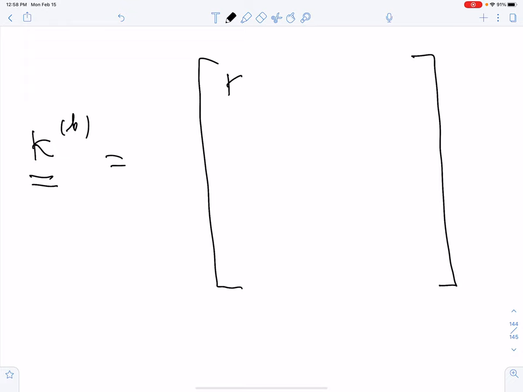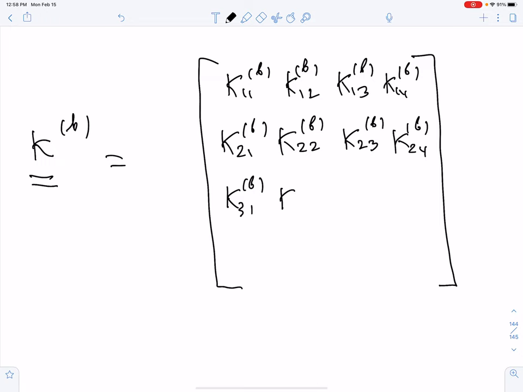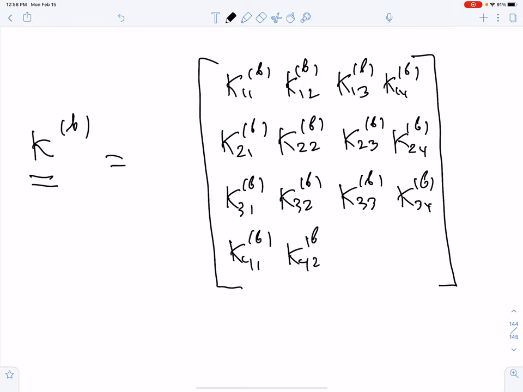There'll be some K11B, K12B, K13B, K14B, K21B, K22B, K23B, K24B, K31B, K32B, K33B, K34B, and the final row is K41B, K42B, K43B, and finally K44B. Okay?